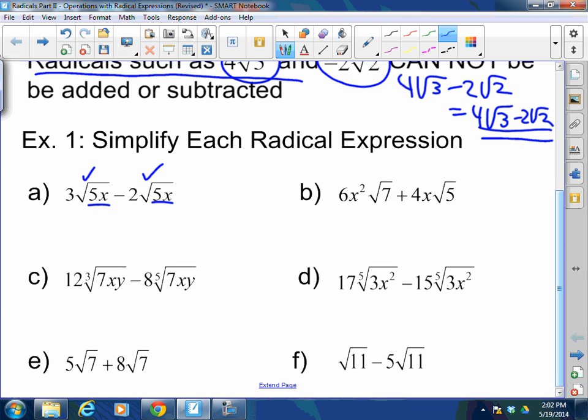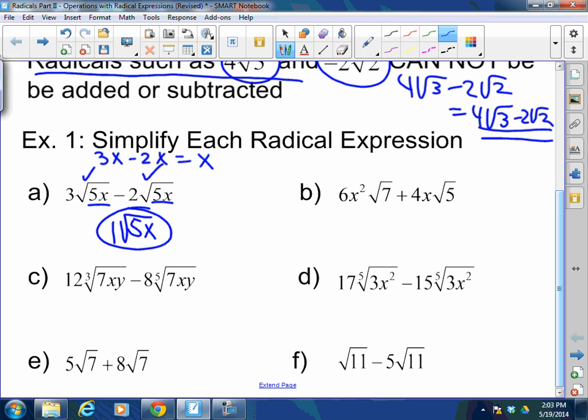So 3 square roots of 5 minus 2 square roots of 5 is simply 1 square root of 5. And I'm done. It's very similar to 3x minus 2x. Doesn't that equal just 1x? Same thing here. Sir, you do not need to put the 1. I'm just putting the 1 there for illustration.